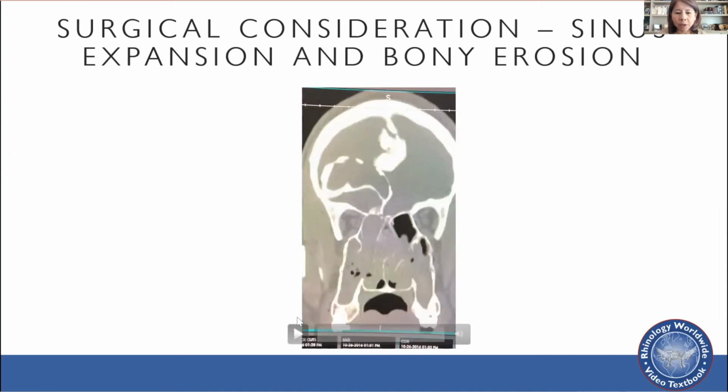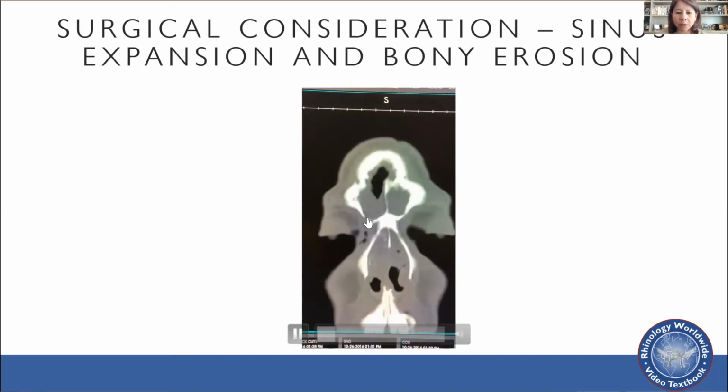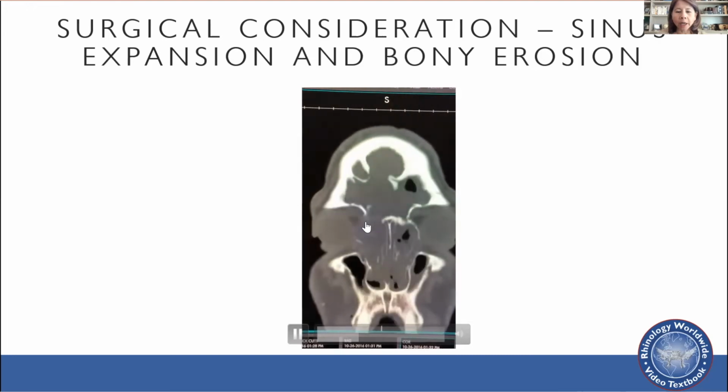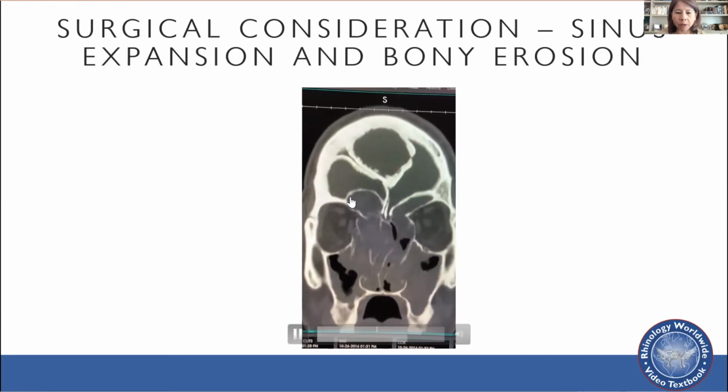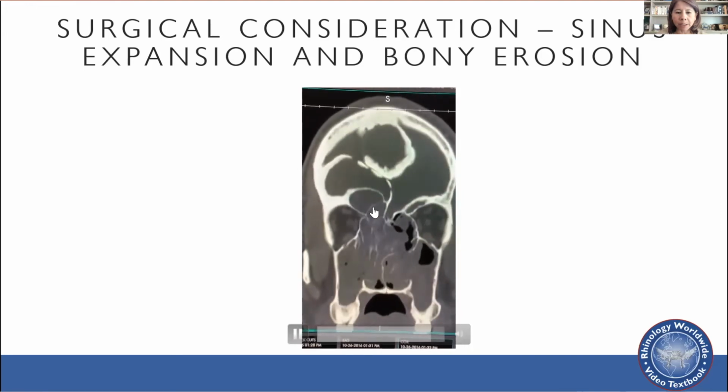You see this posterior ethmoid cell expanding out above the orbit here. That's not typical. You've got this erosion over the eye, and really expanded posterior ethmoid cells here.